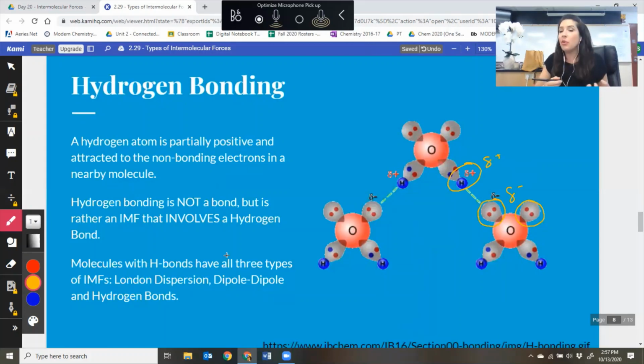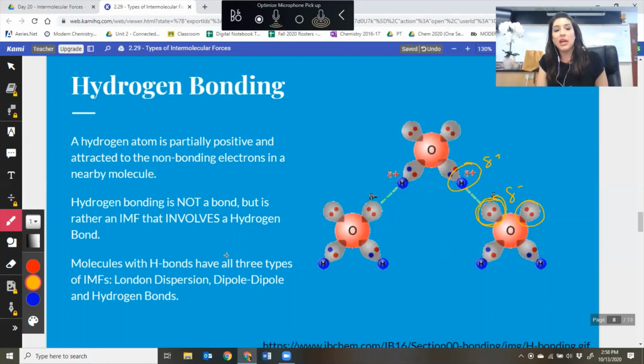So this is just a different way of visualizing what's going on between electrons and the slightly positive ends of the other dipoles nearby. So a hydrogen atom is partially positive and attracted to non-bonding electrons in a nearby molecule. Like I was saying earlier, hydrogen bonding is not a bond, but rather an intermolecular force that involves a hydrogen bond in the molecular structure.